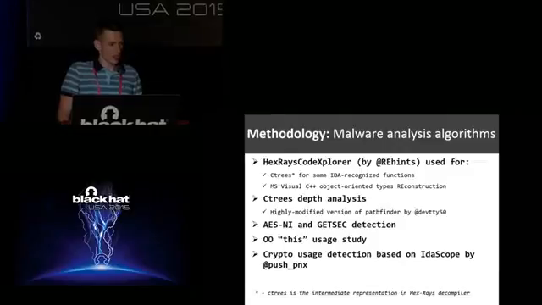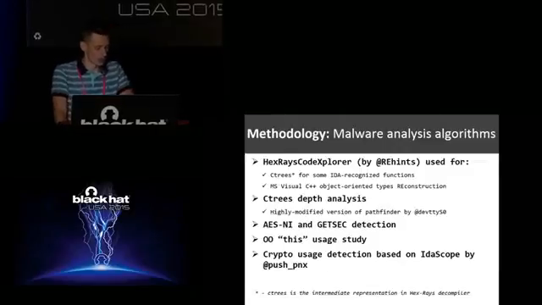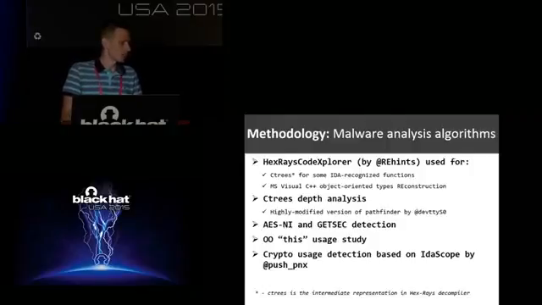We were also detecting and marking crypto routines, using AES hardware instructions and GetSec detection. This is really interesting. For instance, with GetSec, to understand how much malware is actually using this instruction to detect a virtual execution environment and to evade it.